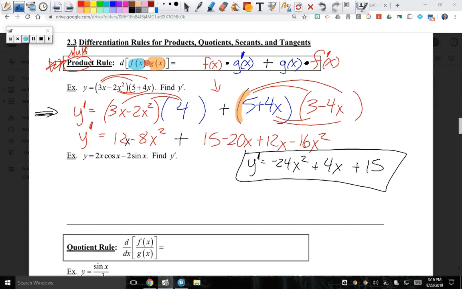Let's go back just a little bit, and let's do what Omar was suggesting. What if I distributed this first one? 15x plus 12x squared minus 10x squared minus 8x cubed. If I did that and I just did power rule, look at this. We see negative 24x squared.